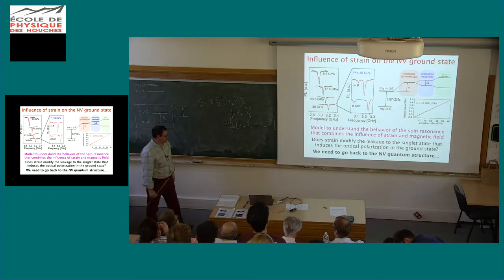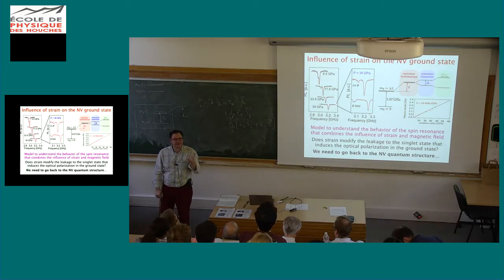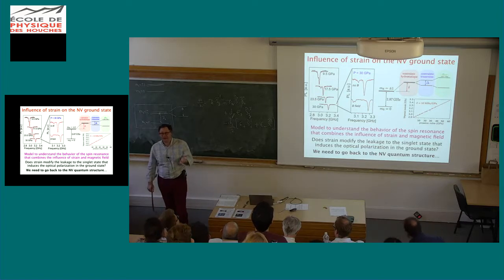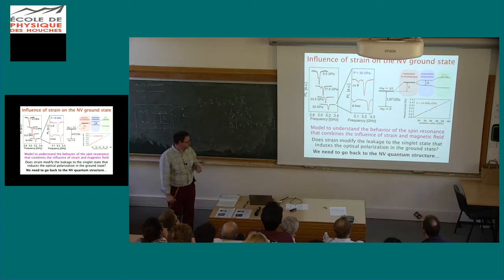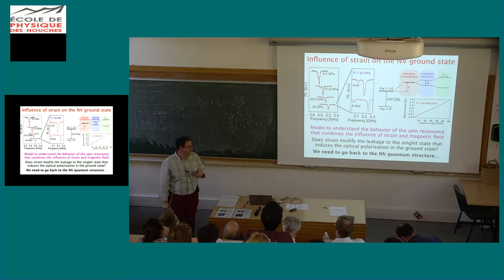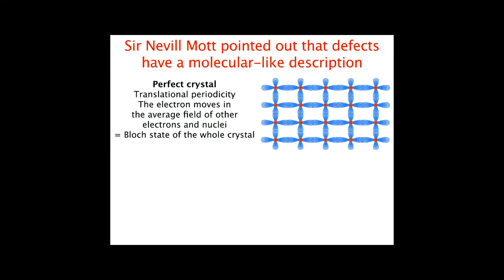This is an open question. There are many things that, even on this system that has been studied for the last 20 years, remain unknown. We need to go back to the NV quantum structure, and this will be the topic of my second talk, the talk tomorrow.